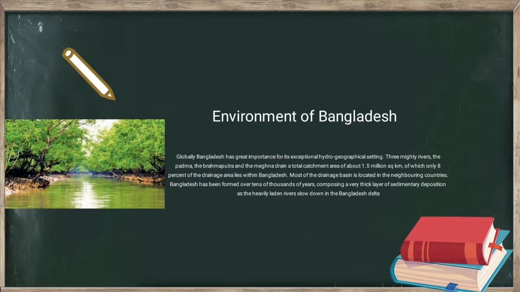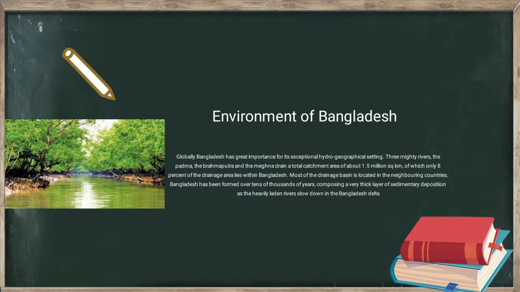Bangladesh is the world's most densely populated nation, and according to its size, the city is overpolluted, and the demand for groundwater is also increasing. As a result, the groundwater level is decreasing dramatically, causing arsenic pollution.